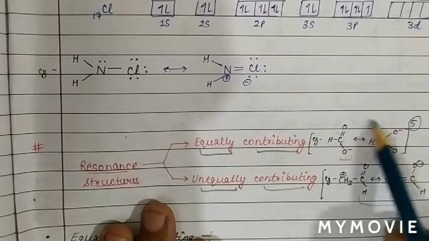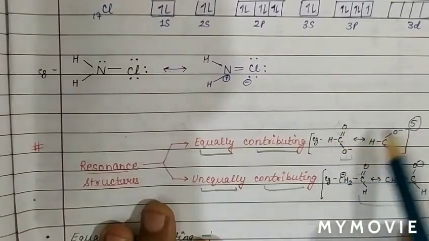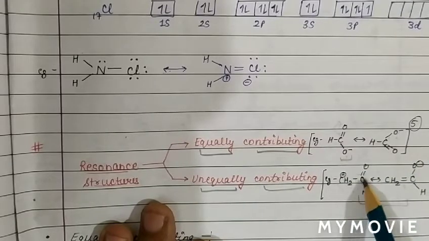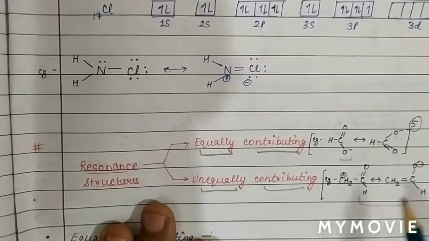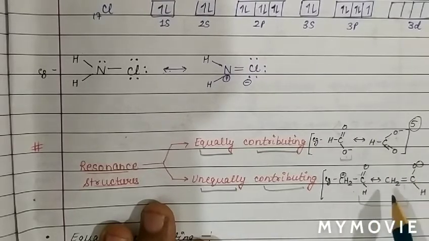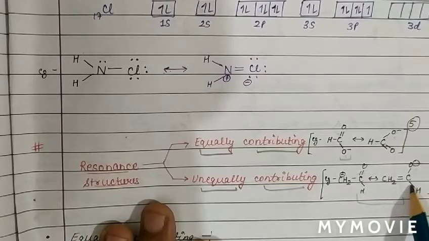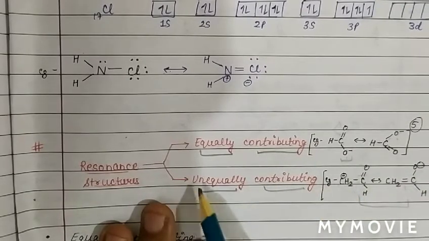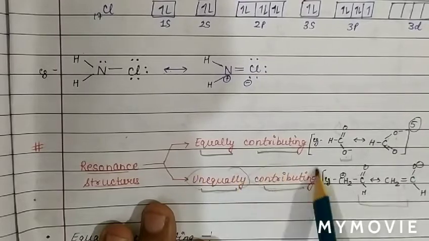In the earlier case everything is the same, but here we see the pi bond between carbon and oxygen, negative charge on carbon, and negative charge on oxygen. So these two structures cannot be similar, therefore their energy will not be equal. Therefore we call these kinds of resonating structures unequally contributing structures.